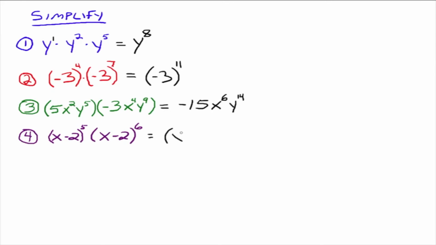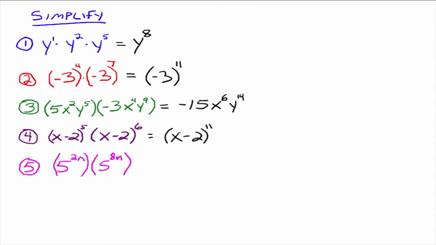So we keep the base the same, x minus 2, and then add up the exponents. 5 plus 6 is 11. So this goes to x minus 2 raised to the 11th power. That makes sense? So it doesn't matter if your base is 1 term, 2 terms, 19 terms, whatever, none of that matters. All that matters is that the things you're multiplying together have the same base. And then you keep the base and just add up the exponents.